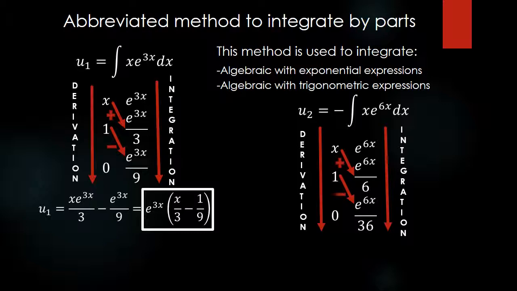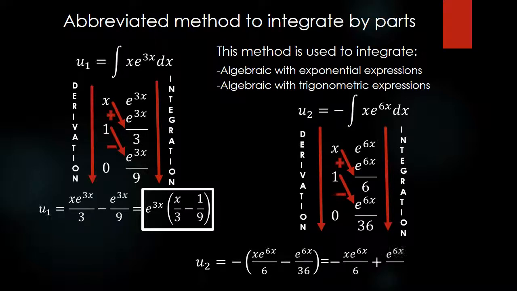And the result is the minus, because we have in the beginning of the integration a minus, and then the result is x e to the 6x over 6 minus e to the 6x over 36.